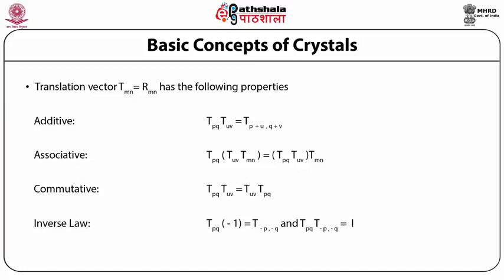I mean if you choose these integers p and q negative with respect to the earlier positive ones, the result will be the same. So this is a mathematical extension of our concept described in the last slide.